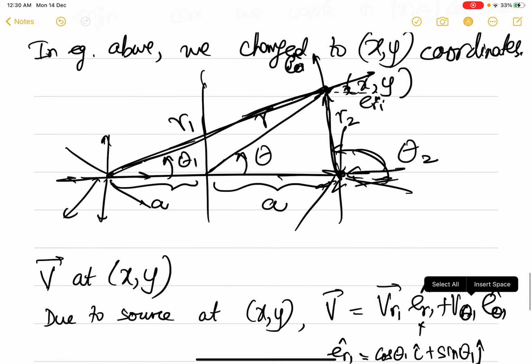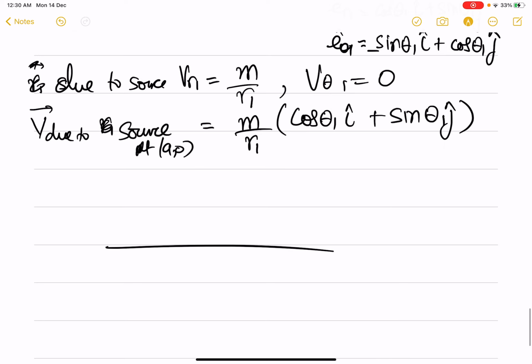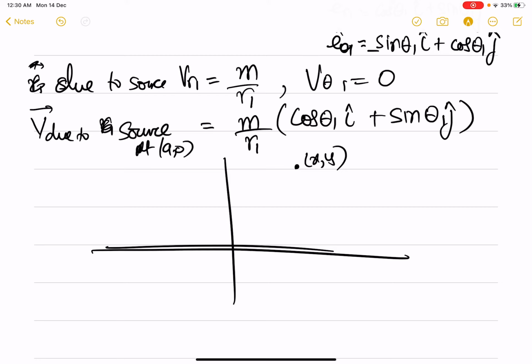Similarly, if I join with VR2, let me show with another picture. So this was the point x comma y, some general point. This was a comma 0. This was the sink here, and I joined this point. Let's call this R2. This was theta 2.